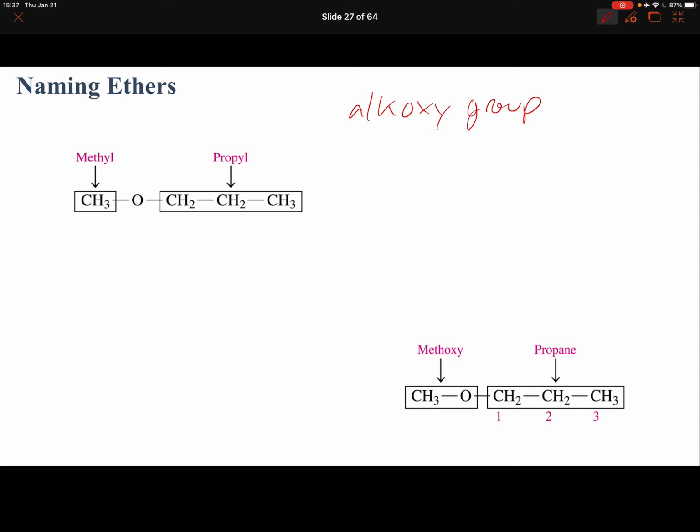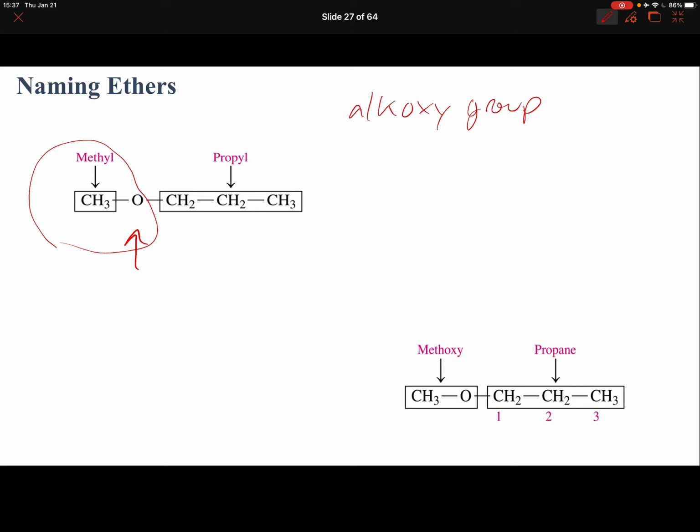The alkoxy group is made up of the smaller alkyl group and the oxygen atom. So if you look at this oxygen and the two sides and decide which one is going to be smaller, you can see that the methyl's smaller. So this is our alkoxy group.